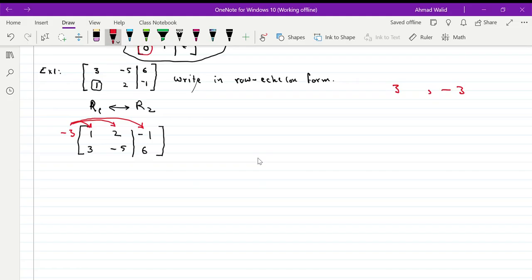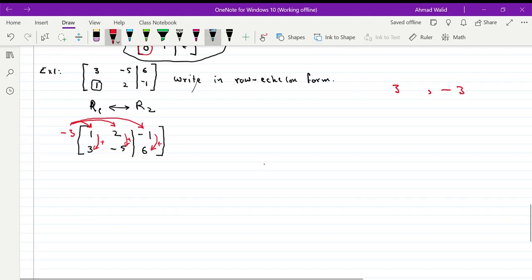You multiply it with the corresponding row containing the 1. Then you add to the next row. That's the method, correct? You multiply here and you add here. You multiply here and then the result adds here.